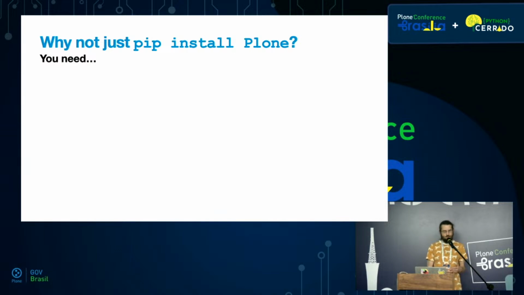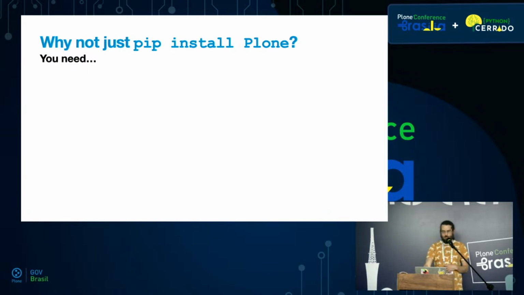Just to touch on one thing again, in case it isn't already clear, why can't you just run pip install Plone the way you could with a lot of Python software? Well, you can do that. You can install Plone with pip, and we have documentation on how to do that, and it's a useful thing to know how to do if you want to do that and then do some other things a custom way.